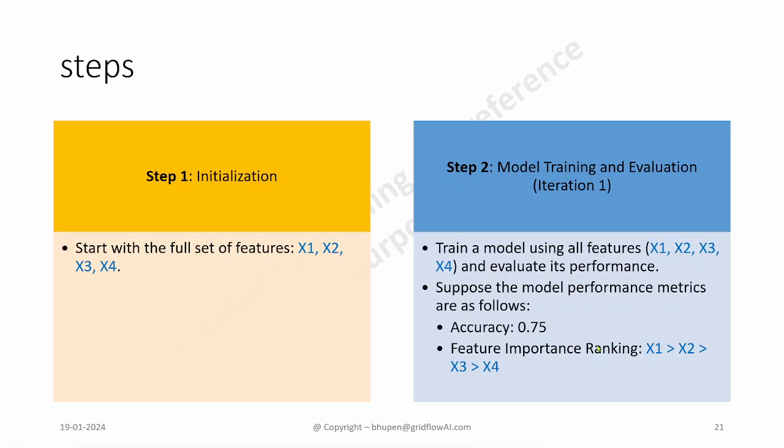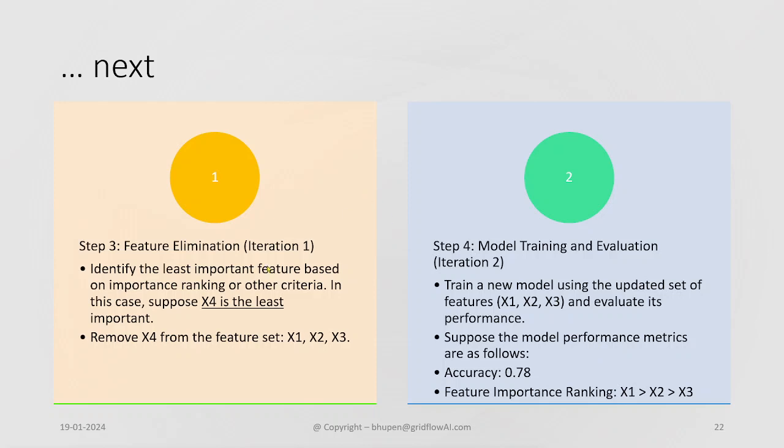And after that, drop the column which has the lowest rank. Let's say x4 is the lowest rank. You drop it from this. Now you notice here we are not creating all the combinations of the subset. Essentially, we just remove it and then run this particular combination and then repeat the process over again.